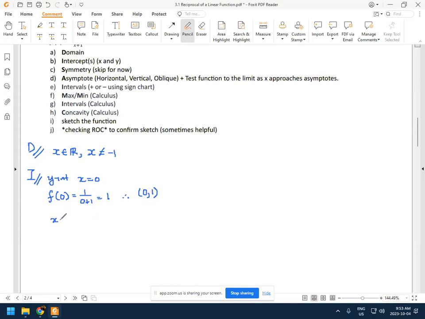What about the x-intercept? The x-intercept is when y equals 0, which means f of x is equal to 0.